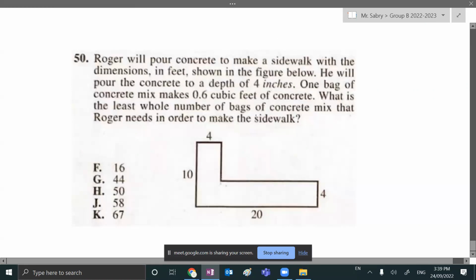Okay. So this is the sidewalk, but this is not just it. This is like a picture of you looking at the sidewalk from above.